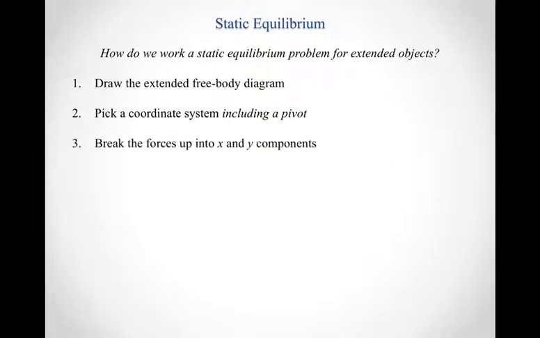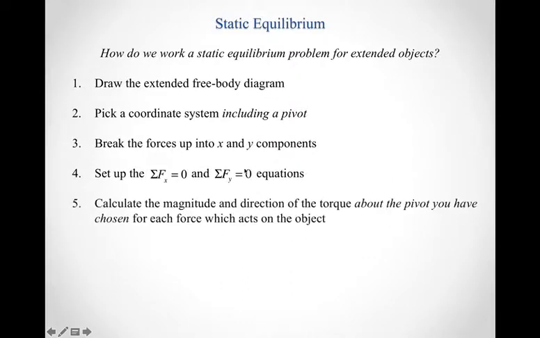Step 3, we're going to break the forces up into x and y components, and so we'll set up at most 2 sum of the forces equations. Again, there are situations where we might not need both of these because of what's going on with our system, but if we do, we'll set up 2. Step 5, we want to calculate the magnitude and direction of the torque about our chosen pivot point for each force which acts on the object.